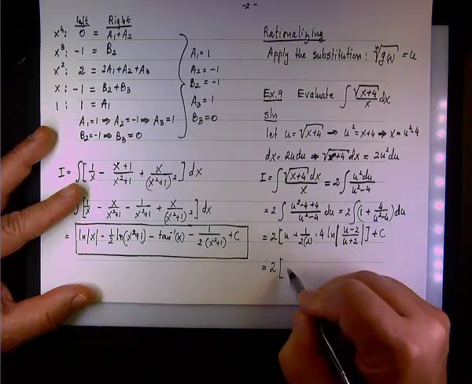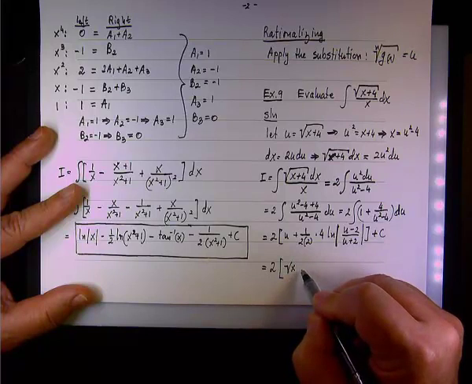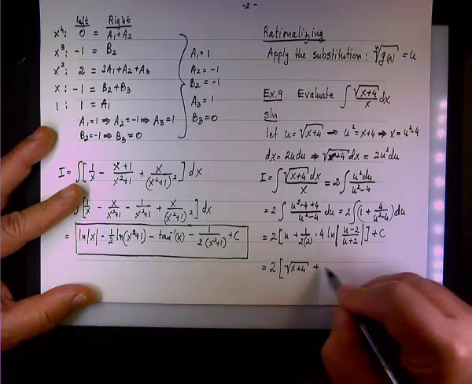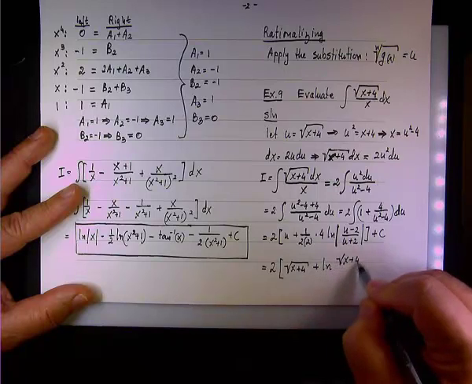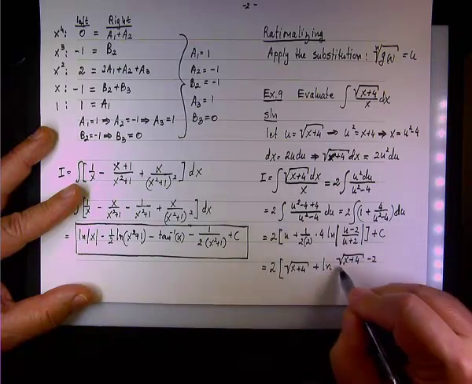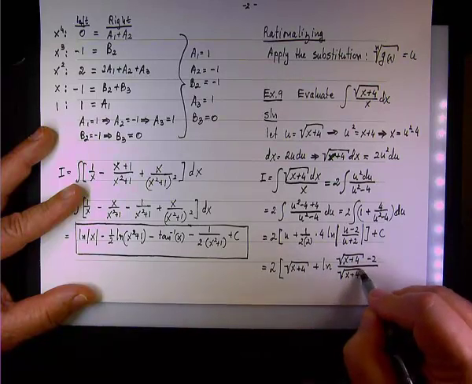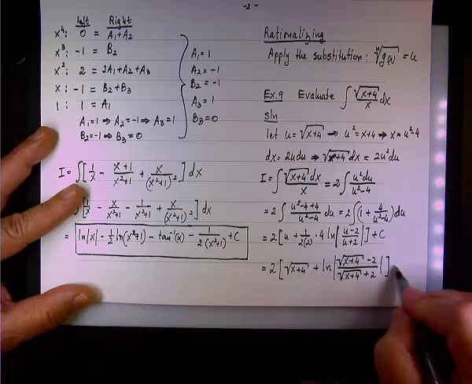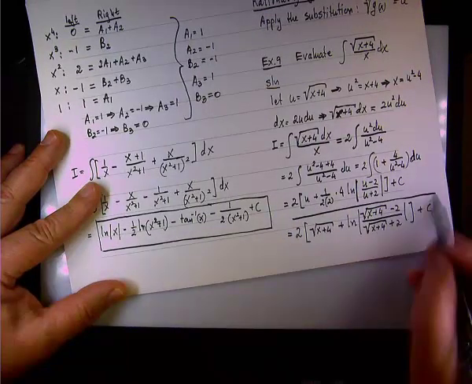And finally, the solution: we started with x, so you need to end up with x. You have 2 times u, which is the square root of x plus 4, of course this is 1, and then plus the natural log of the square root of x plus 4 minus 2 over the square root of x plus 4 plus 2.